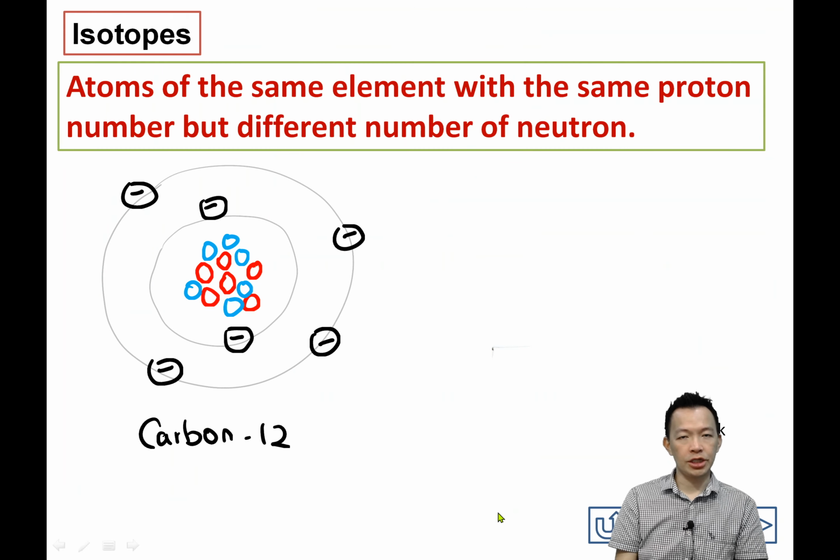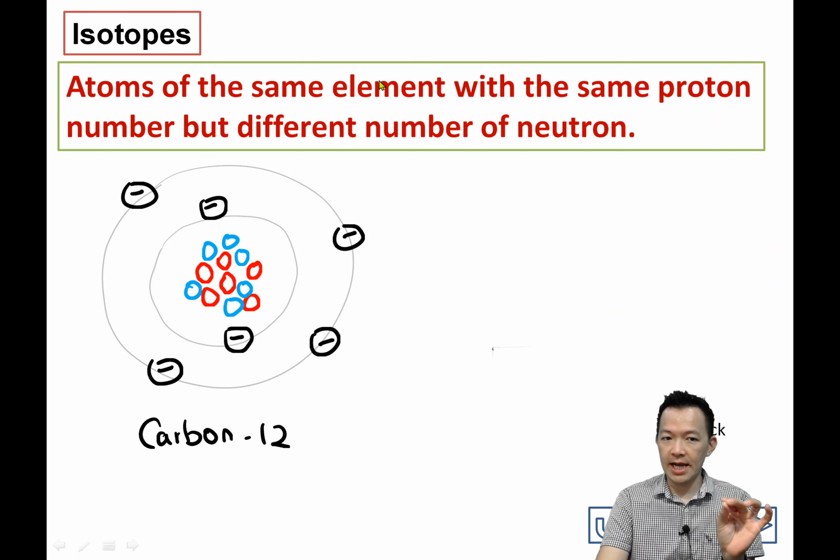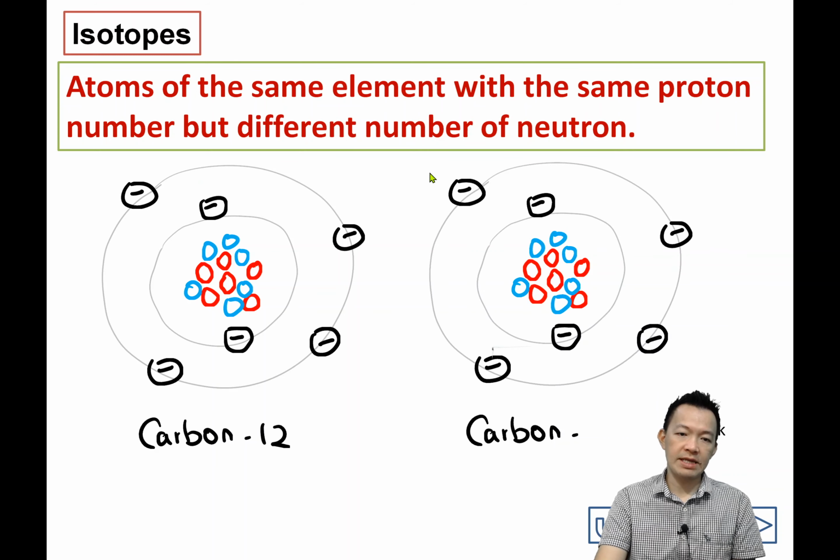Okay, so what is isotope? 什麼叫 isotope? 看一下，我順便教你一點東西。Isotope, they are atoms of the same element. The best answer 啦，我要準的答案呢。Atom of the same elements with the same proton number, but different number of neutrons. 什麼意思呢？Atom of the same element 同樣一種元素的原子，something like carbon with the same proton number 6. Okay, but different number in neutrons.